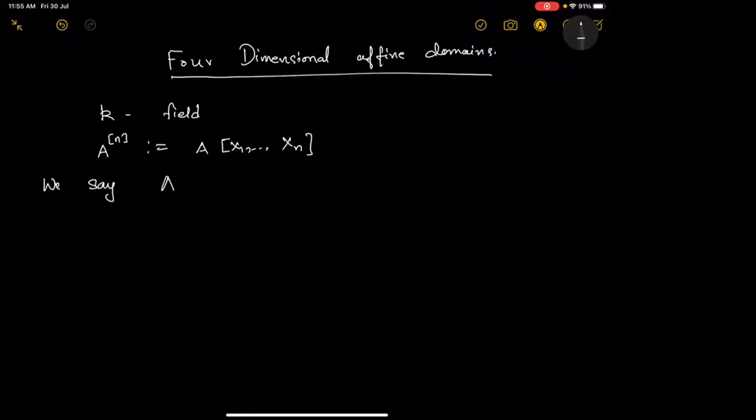We say that two rings A and B, all my rings being affine domains, are said to be cancellative.